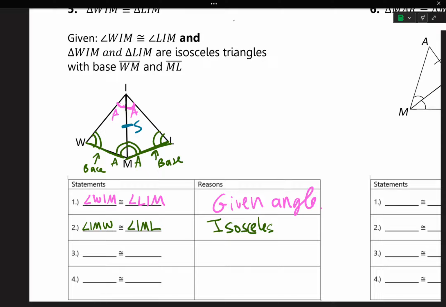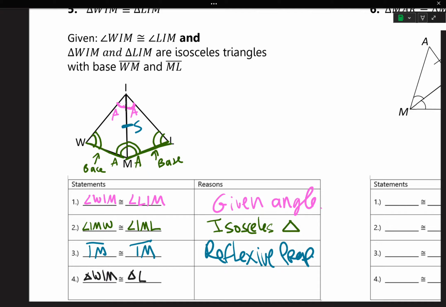Nope, missing a C. And then finally, I can say that IM is congruent to IM because of the reflexive property. So I can conclude that triangle WIM is congruent to triangle LIM by angle, side, angle.